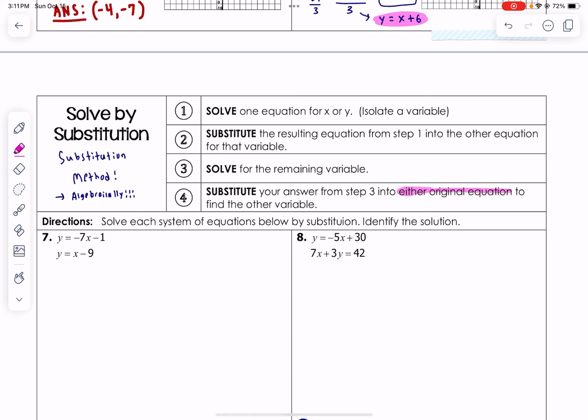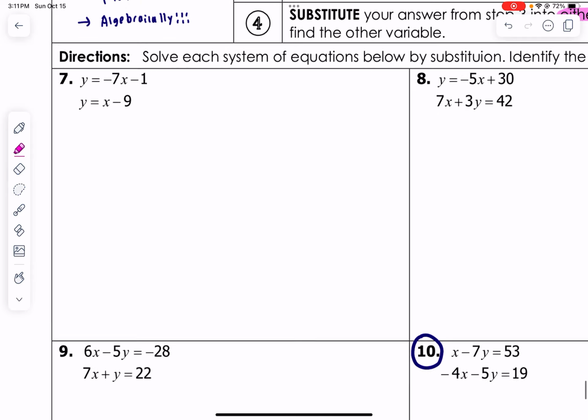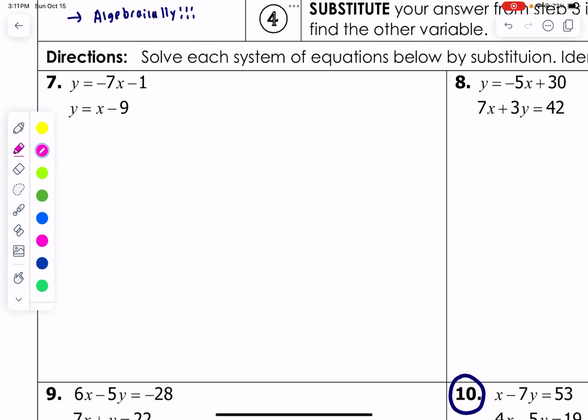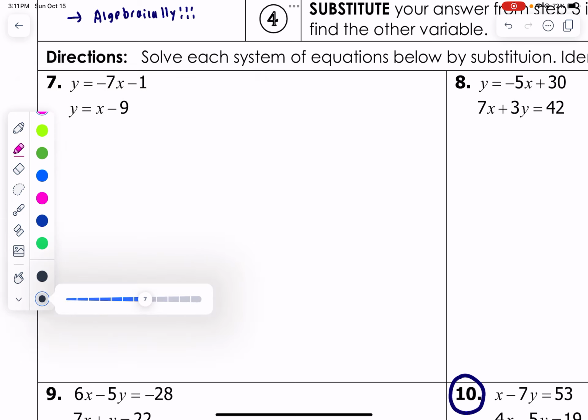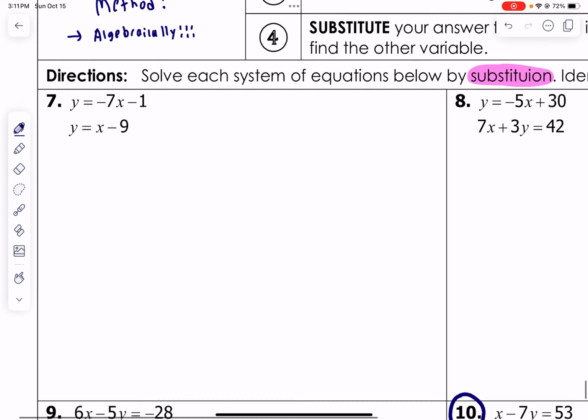Okay, so let's go ahead and see what this means algebraically. Let's look at example number 7. In example number 7, they don't give us a graph, but they do tell us that they want us to solve the systems of equations by substitution. So let's go ahead and do that.